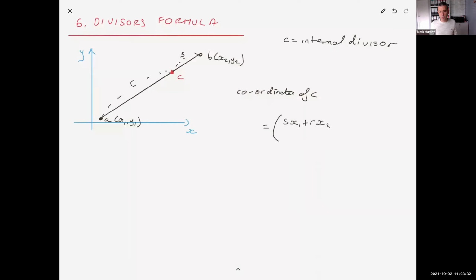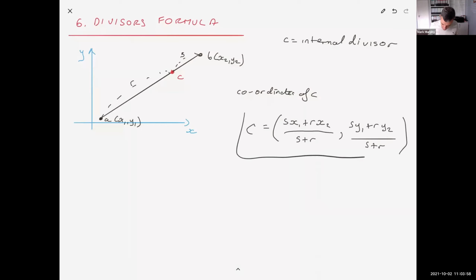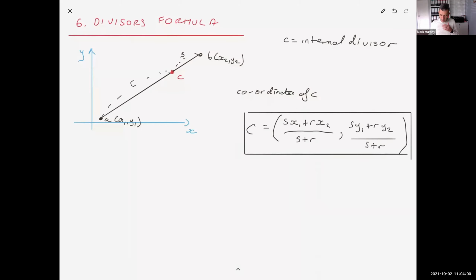Now again, because it's x1 and x2, they're numbers, they're known values. All over S plus R, and S times y1 plus R times y2 all over S plus R. Okay, that's the definition. So I just write down here C, put it in the box. That's what you need to know.